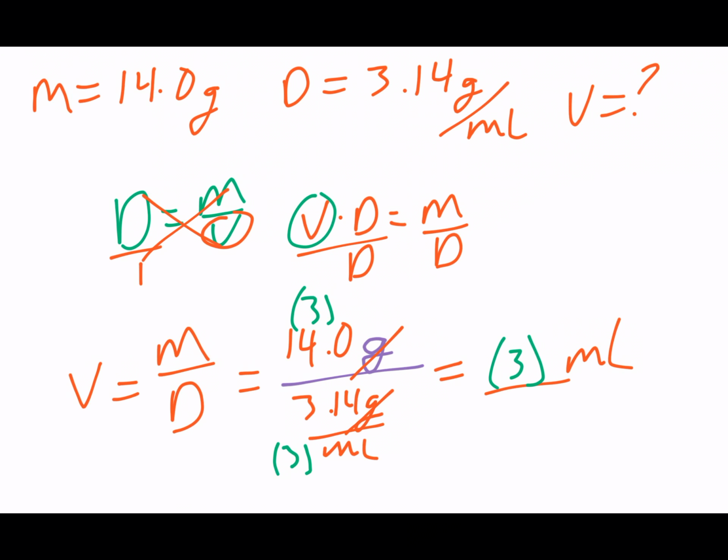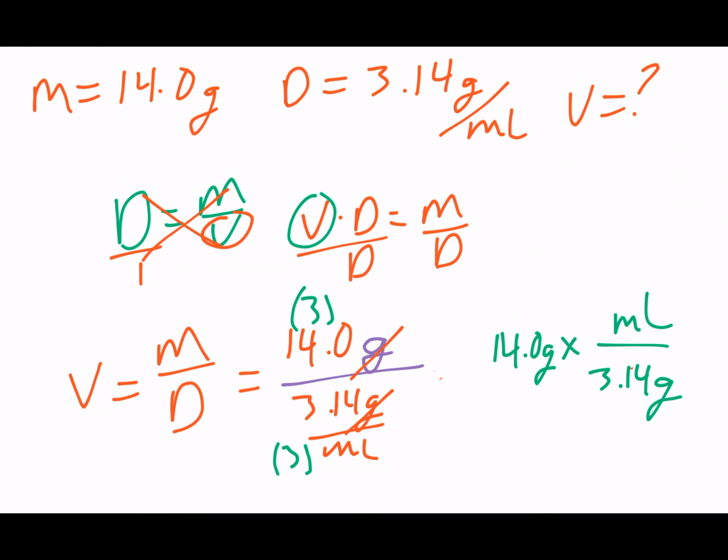If you're unsure how the units work out, how it magically becomes milliliters, remember, you don't divide by fractions, you actually multiply by the reciprocal. So I'm going to get 14.0 grams times milliliter over 3.14 grams. What happens with the grams? They cancel out, and it leaves milliliters left behind.